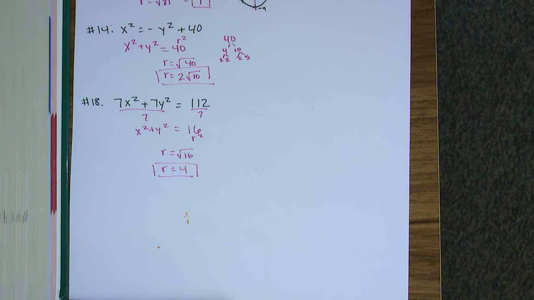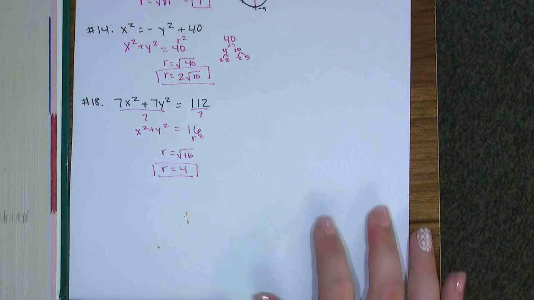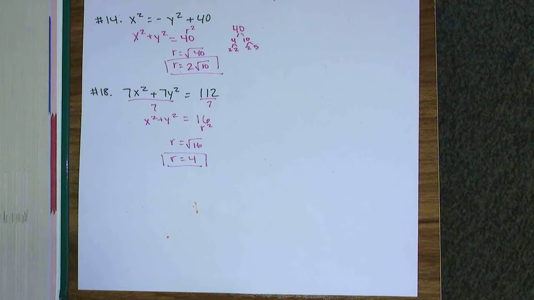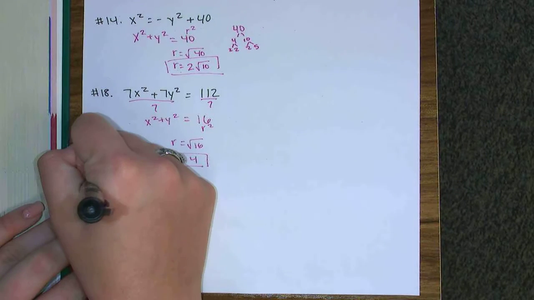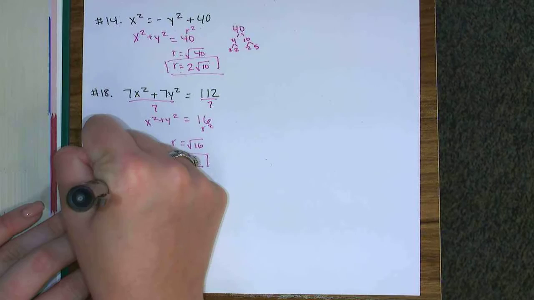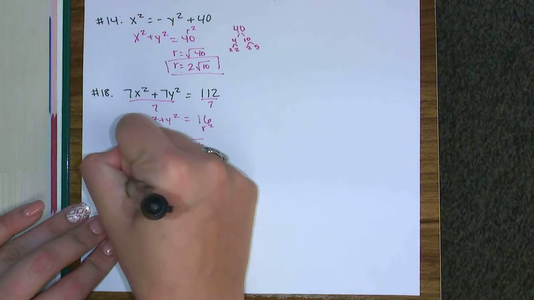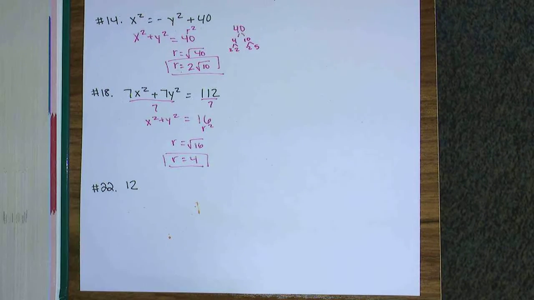Let's see. Write the standard form of the equation of the circle with the given radius whose center is the origin. Alright, so these problems give you the radius, and we're told that the center's at the origin, and we need to write it in standard form. So with like 22, we have that 12, that's my radius.